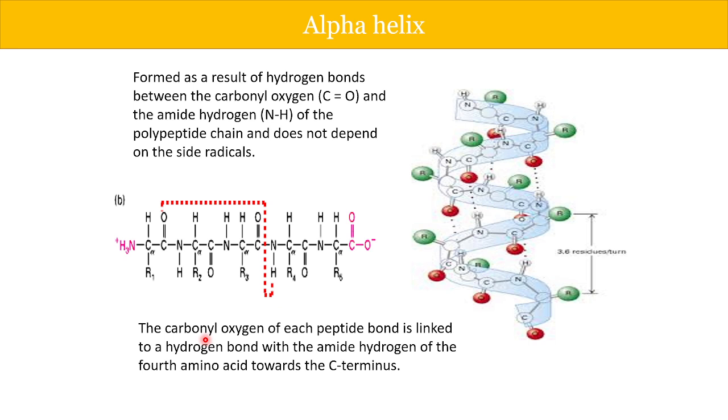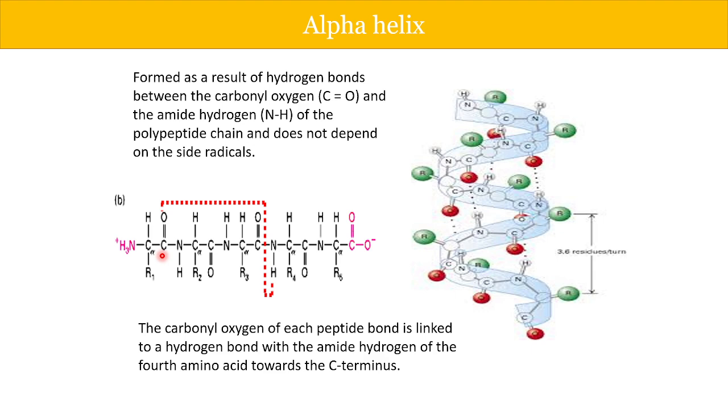So what are alpha helices? It's formed as a result of hydrogen bonds between the carbonyl oxygen and the amide hydrogen of the polypeptide chain, and does not depend on the side radicals. So you see over here the nth amino acid is forming a hydrogen bond with the n plus fourth amino acid. So this is 1, 2, 3, and 4, right?